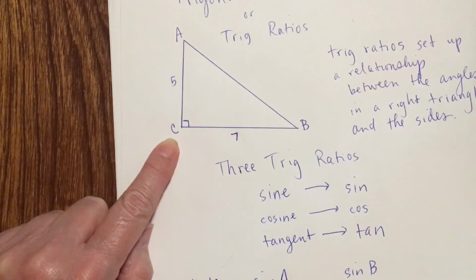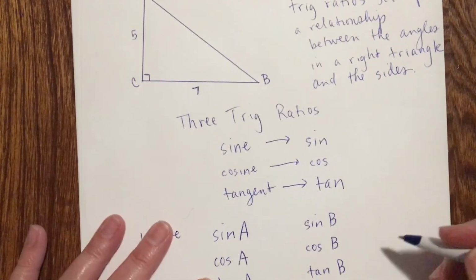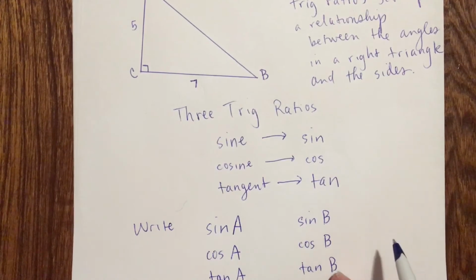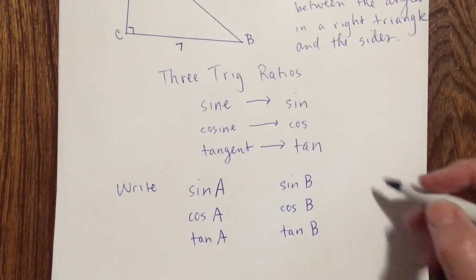And a trig class, they'll address that issue. But this is not trig. Stay away from the right angle if we're doing these trigonometric ratios in this geometry class.